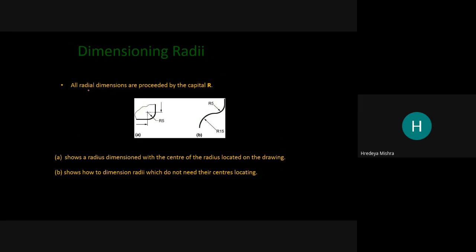Now all radial dimensions are preceded by the capital R. See, this is an arc, not a complete circle, so we can represent it by R. It means the radius of this arc is 5, the radius of this arc is 5, and the radius of this arc is 15.